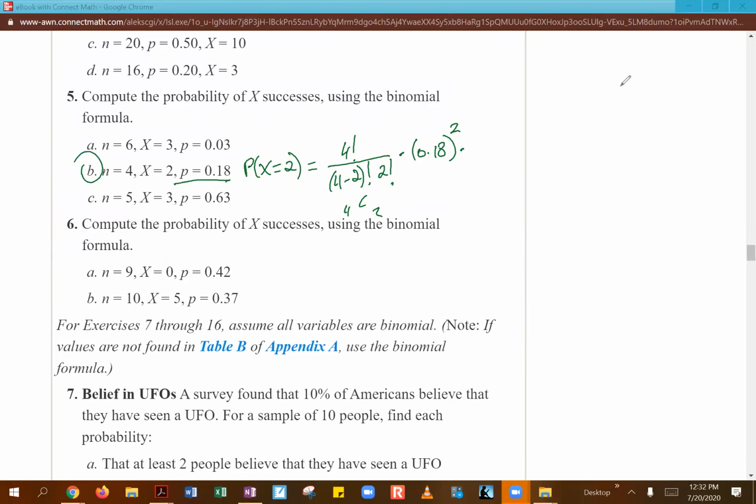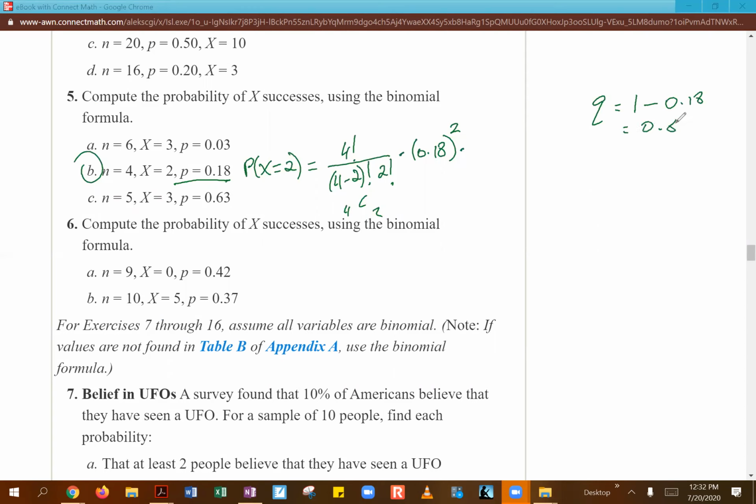So if p equals 0.18, what is the q value here, guys? Yeah, very nice, because you would have to do 1 minus p, which would end up becoming 1 minus 0.18.